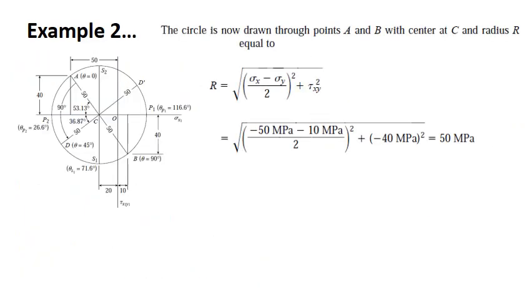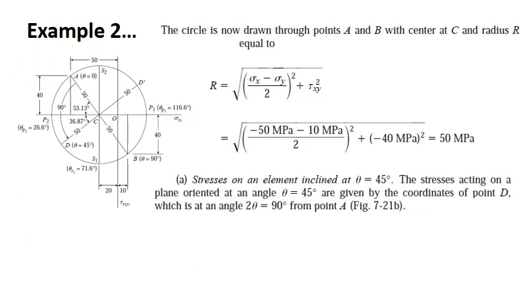So analytically also you can calculate the radius. We have the expression, that is what they have given, right? So what are the stresses on the inclined plane at theta equal to 45 degrees? Yes, it's very easy. With AB as the reference, that is 0, from there you move by 45 degrees in the counterclockwise direction, okay.